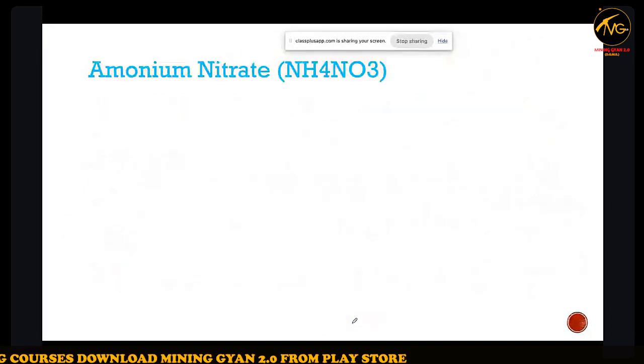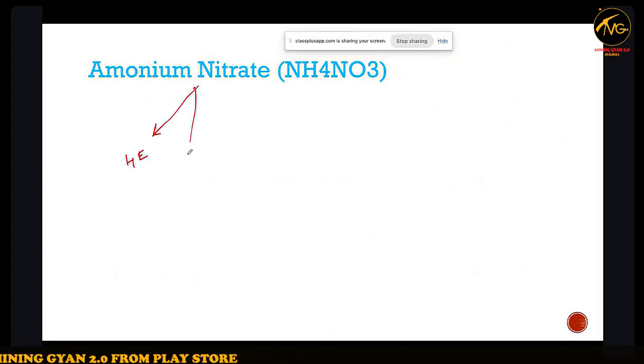Suppose that it is ammonium nitrate. Okay, so ammonium nitrate, you should know this is high explosive. Second point, you should know that it is soluble in water. What it means?